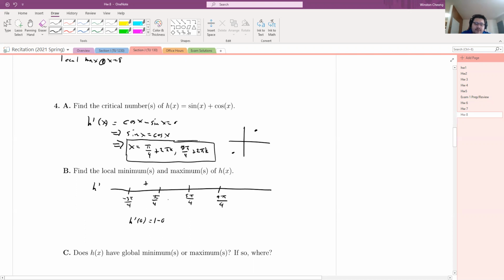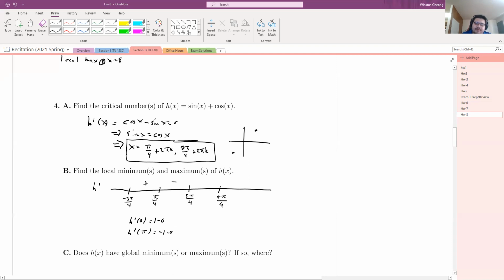Then between pi over 4 and 5 pi over 4, what I'm doing is looking at the circle and just picking a nice angle to use. And pi looks like a nice angle to use. So I'm going to plug pi in. In that case, cosine of pi is going to be negative 1, sine of pi is going to be 0. So I get a negative.